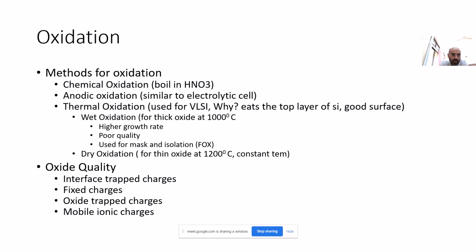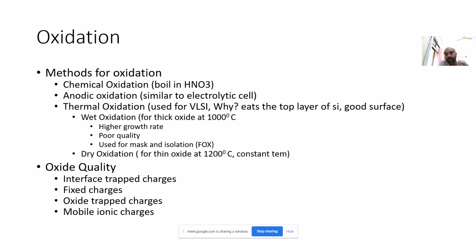Particularly it is used for masking the regions where you don't want to expose to photolithography. When you do the processing, this oxide layer will work as a mask. So it is used as a mask.